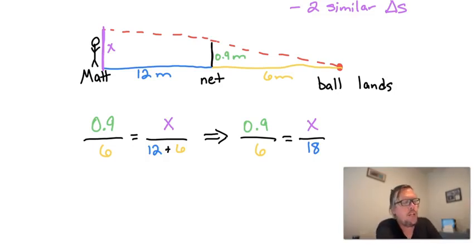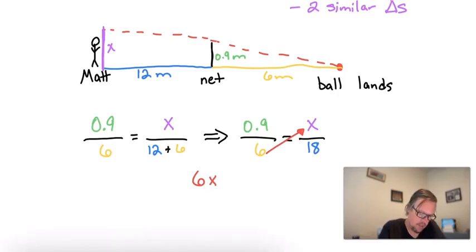Okay, so how do I solve this? The way we solve any proportion, the easiest way, is to cross multiply and divide. So we're going to do 6 multiplied by x. Let's pick a color that's a little easier to see. Let's do 6 times x in red. 6 times x is going to give us 6x. And then going the other direction, let's stay with blue here.